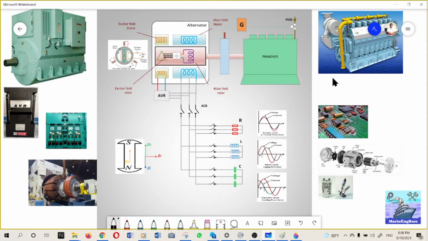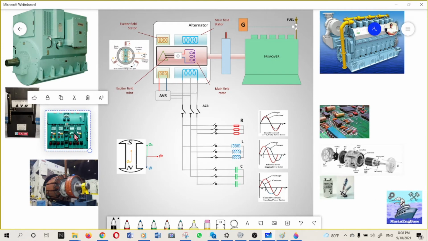This is the main diagram that I'm going to discuss today, the shipboard power generation. Surrounding it we can see the physical appearance of some components. Here is the diesel prime mover and here is the alternator, and the physical appearance of the AVR, main switchboard and the alternator rotor assembly.